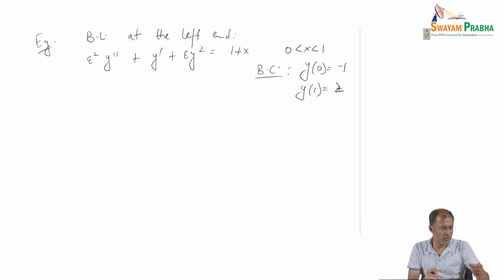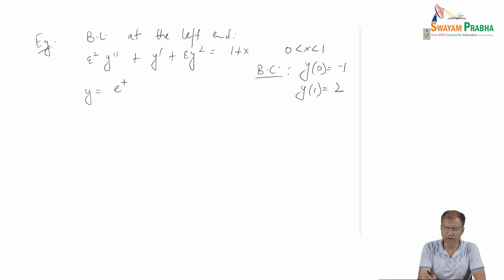So now we can start to solve the problem. We can assume a solution of the form e to the power rx. Then we will get a quadratic equation for r. We can solve for r, and using the boundary conditions we can eventually get the solution.